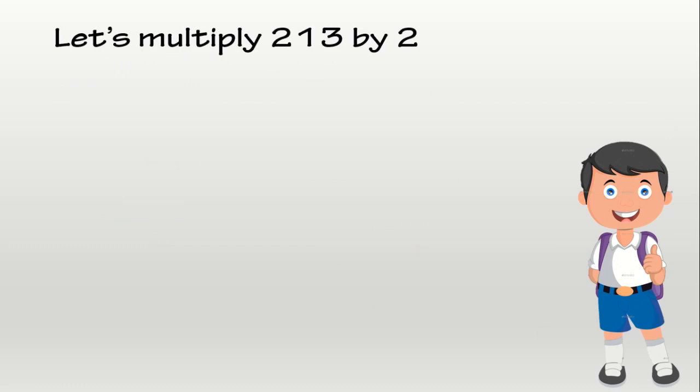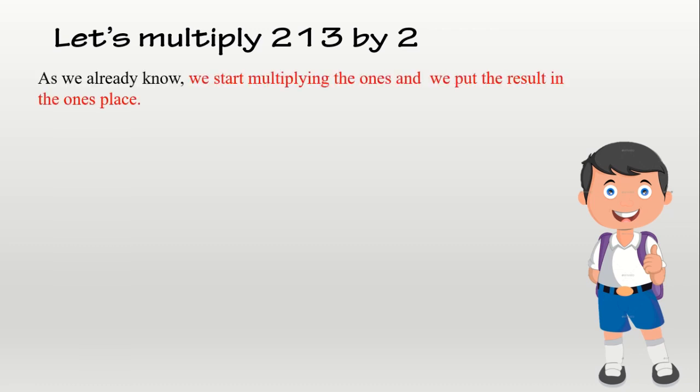Next, another example. This time we have a larger number, 213 by 2. How are we going to do this part? As we already know, we start by multiplying the ones and we put the result in the ones place value.